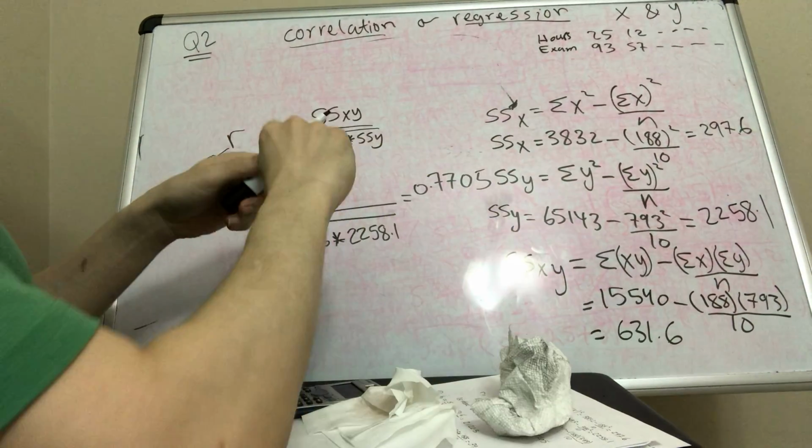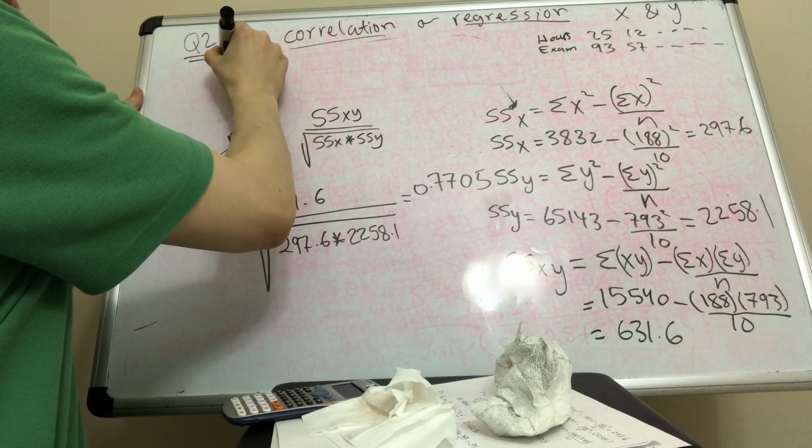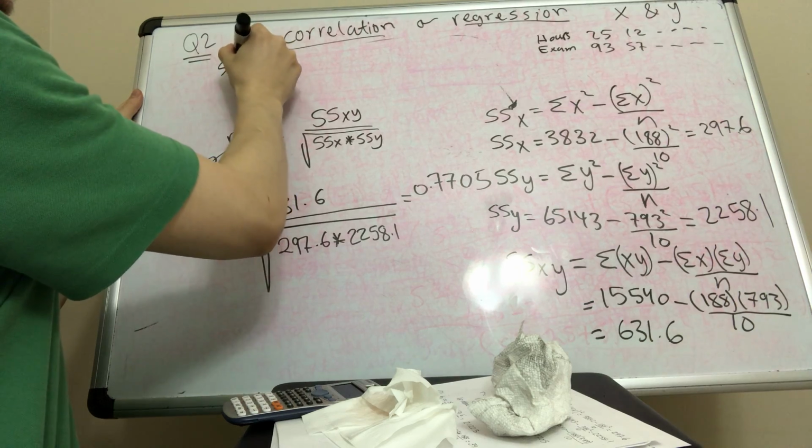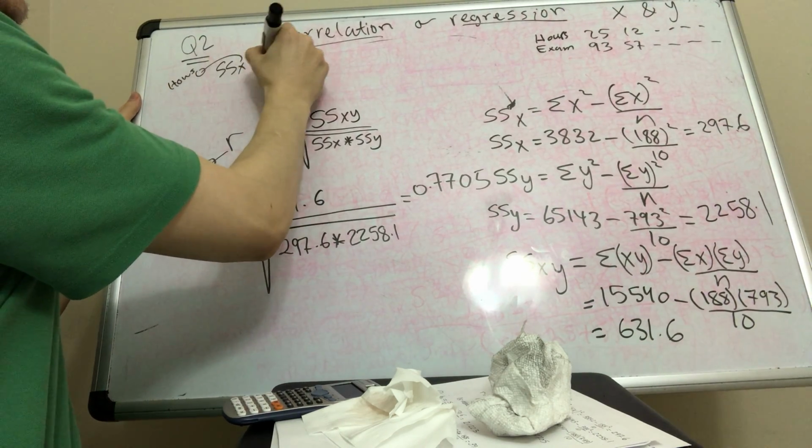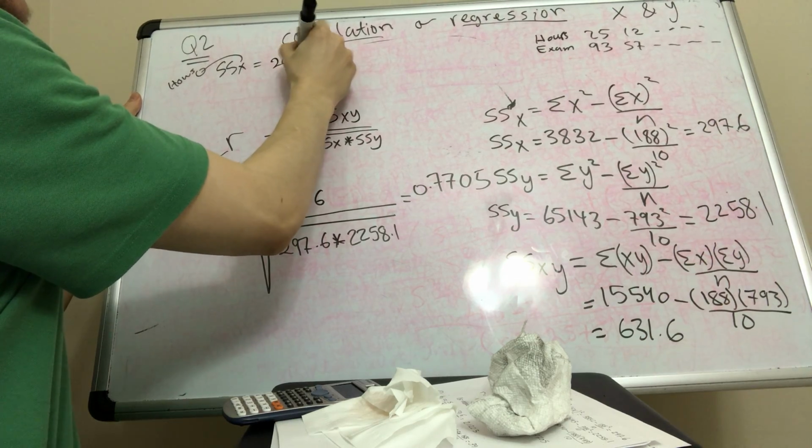Now I'm going to erase some of this. But I'm going to just say SSX, and again that's hours, 297.6.